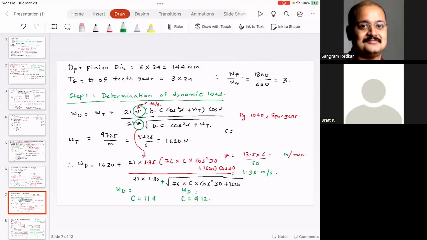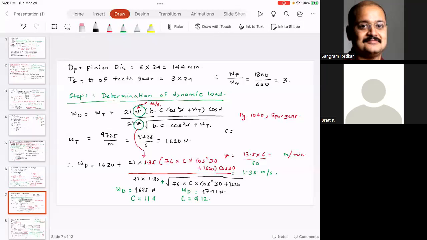I have 1645, the first value, and then 1741, the second. So you have gotten these two values. Are you with me so far?